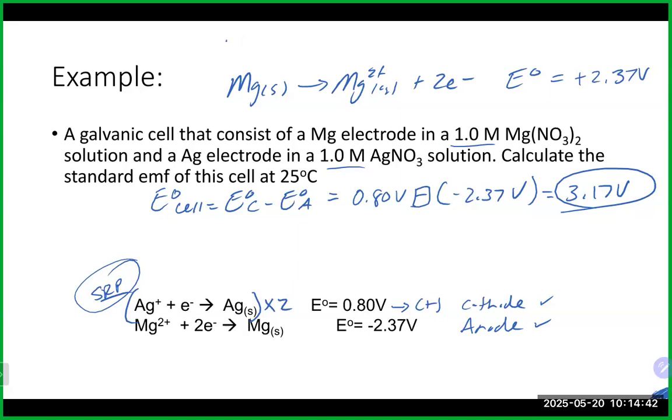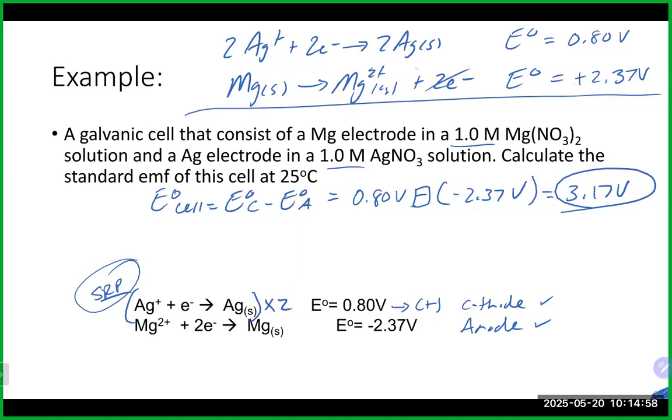That would get us 2 silvers plus 2 electrons gives us 2 solid silvers. And again, multiplying does not affect the value, so this would still be 0.80 volts. Here, this would give us our overall, where our electrons would cancel, giving us our balanced redox reaction that's basically occurring.